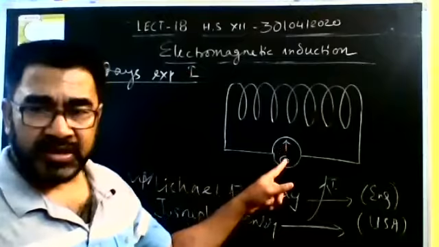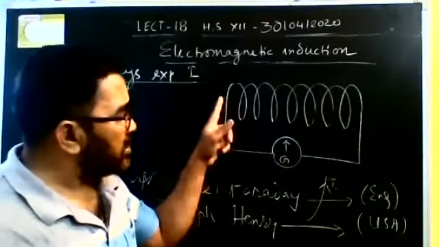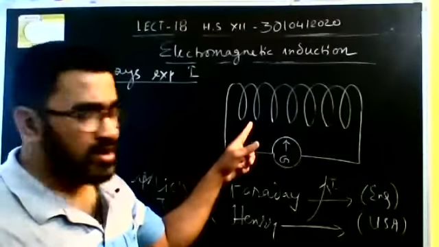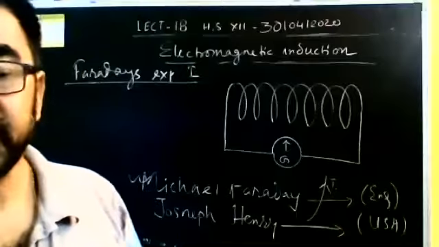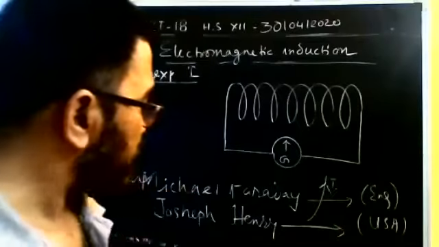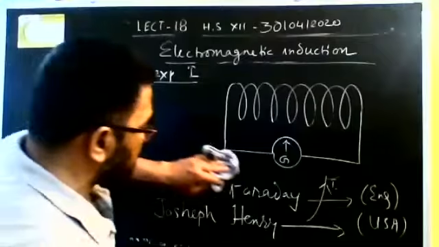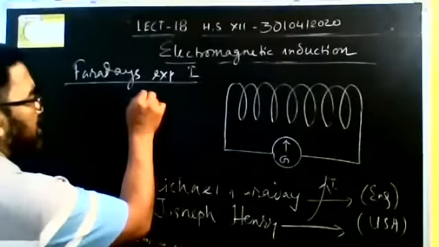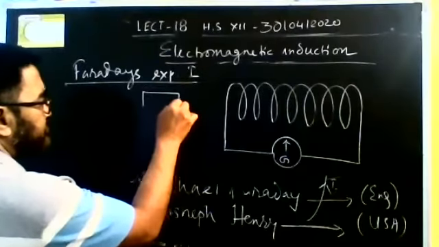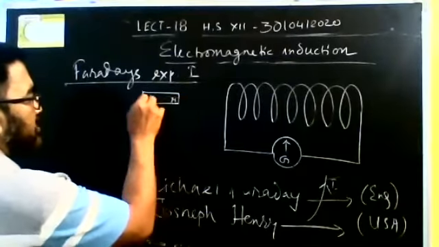Why is the galvanometer connected? When current passes through the coil, the galvanometer will give a deflection, right? So in the experiment, one bar magnet is taken, with its south pole here.